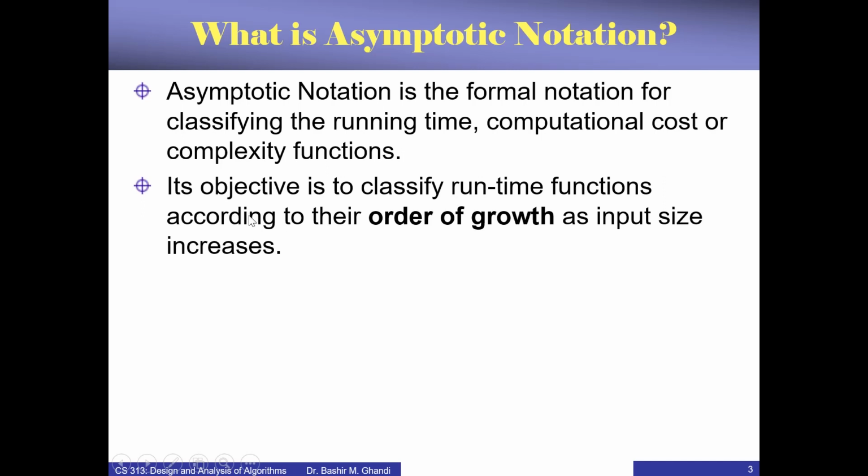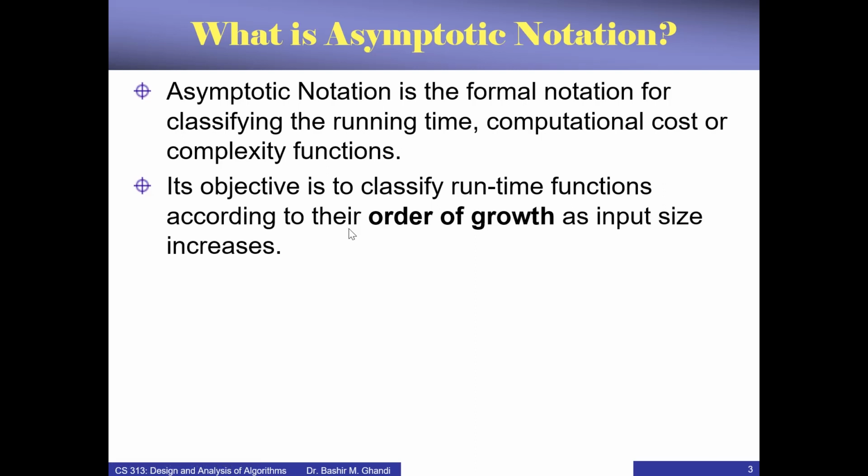Its objective is to classify the runtime functions according to their order of growth as input size increases. Because as we mentioned towards the end of the last lecture, it is really the order of growth of a function that determines its running time or its efficiency.